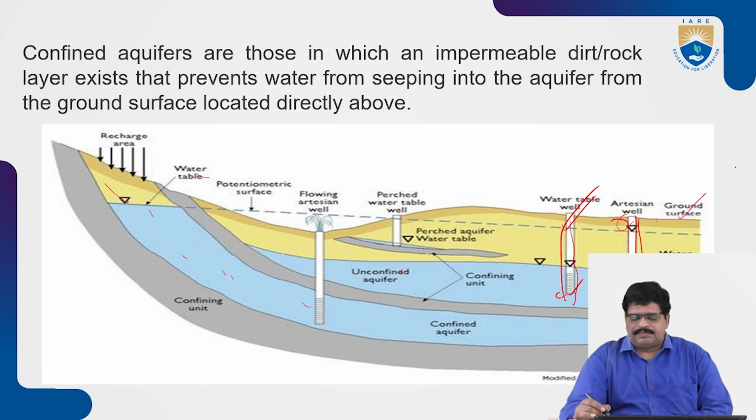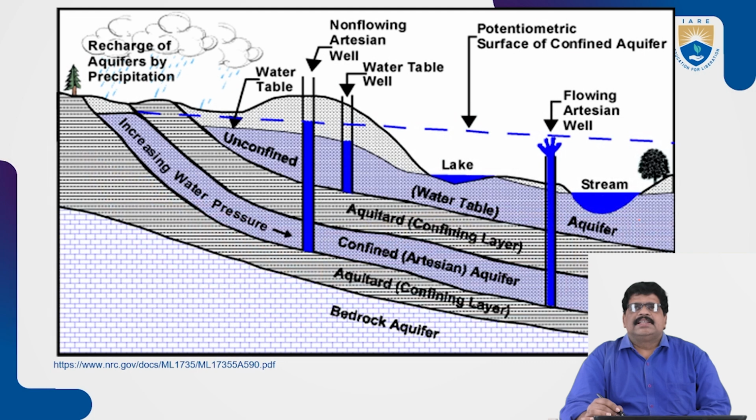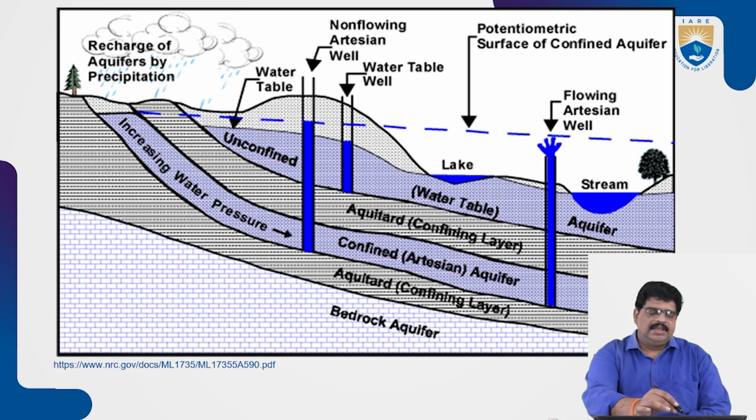The groundwater aquifers are confined and unconfined. This is briefly about the confined and unconfined aquifers. This is also the same regarding the picture, which shows the unconfined aquifers and confined aquifers.